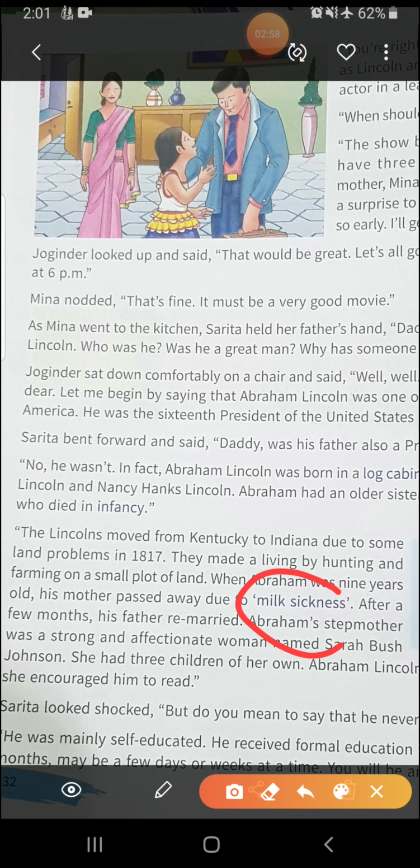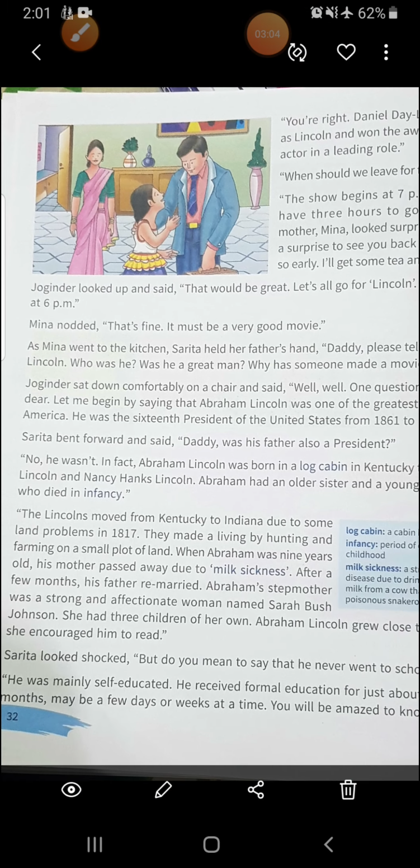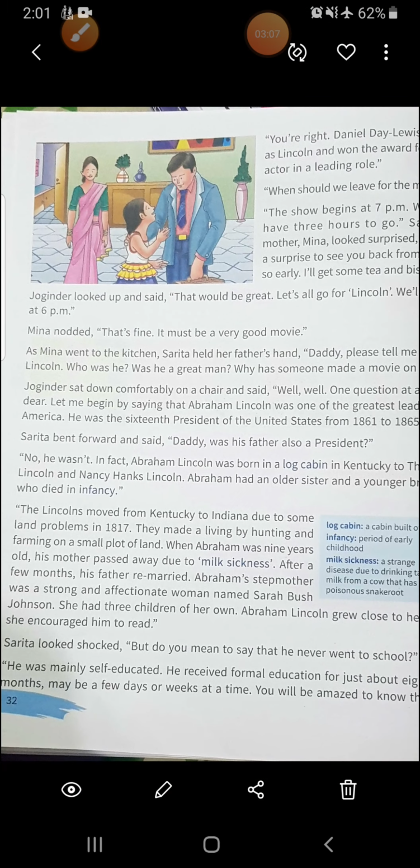Now what is this milk sickness? This is actually a disease that is caused when someone has a dairy product from a cow that has eaten poisonous snake root. Poisonous snake root is the name of a plant. This is a very poisonous plant, and if any cow by mistake eats it, the milk and the milk product of that cow turns poisonous, and if a human consumes that, then that person dies.